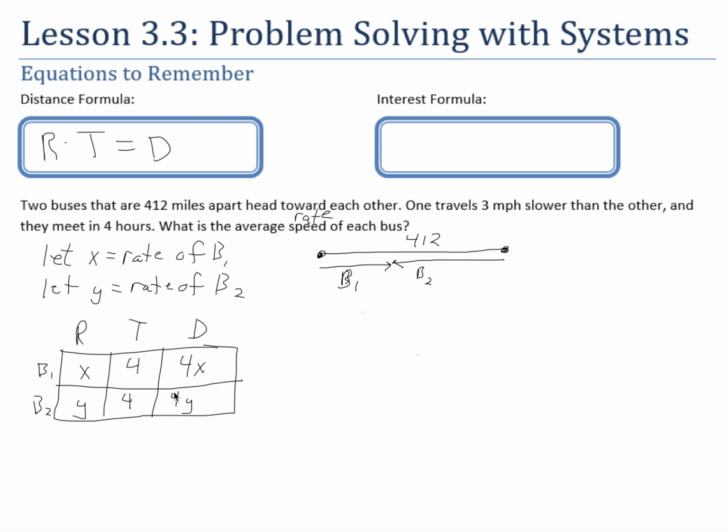Usually one equation relates the unknowns or our variables, and then there's also an equation that relates the distances.